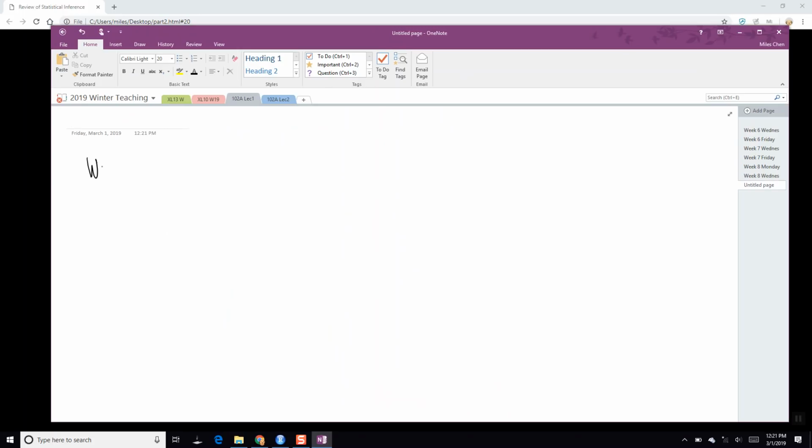We observe X bar 1 minus X bar 2, and this value itself is a random variable.